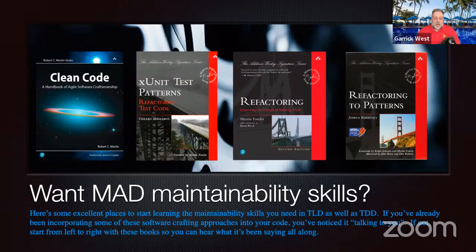And then a step past that, a plug for my former employer, Josh, the owner of Industrial Logic: Refactoring to Patterns. Great book about the approach of saying, not only am I going to refactor this code, I'm going to move this into good-looking design patterns, particularly in terms of being powerful in the OO world.